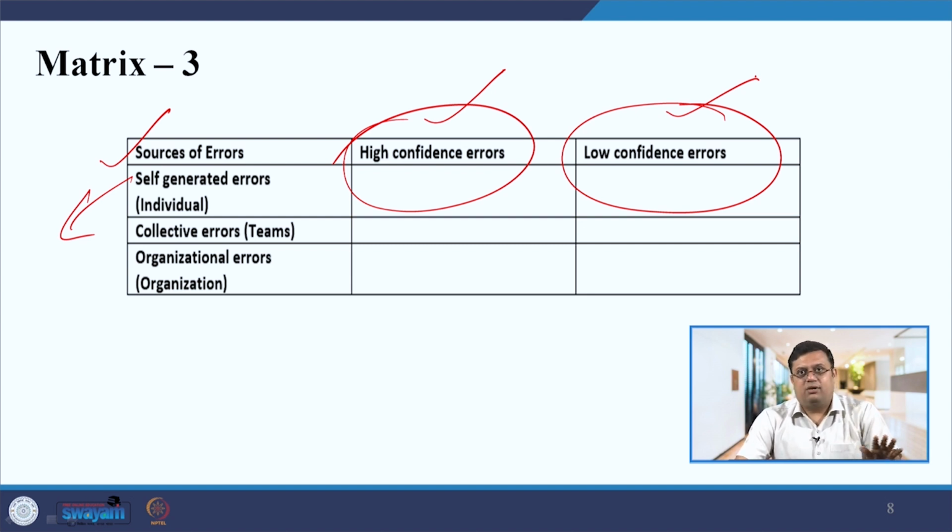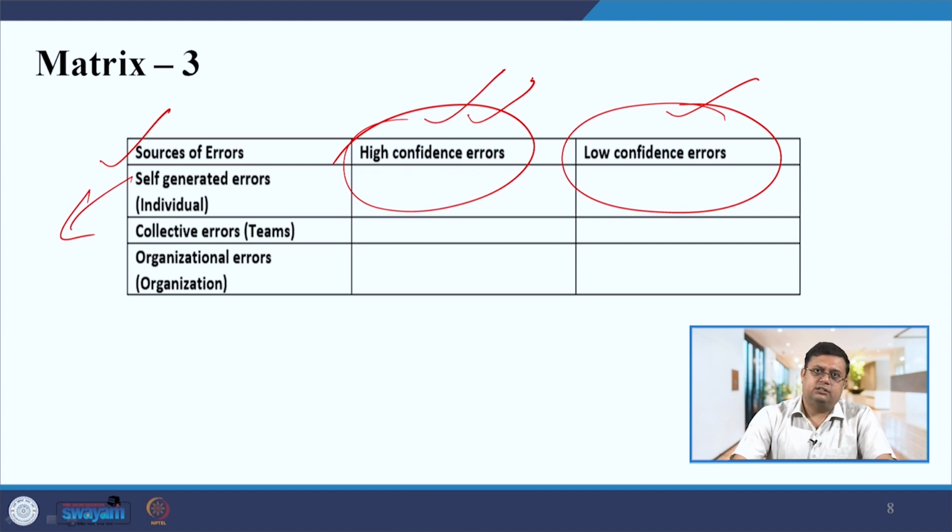In terms of achieving the goal, whatever strategy, whatever action he has taken, according to him those actions are the best, and there is no other alternative. If such kinds of errors are there, they are known as high confidence errors. But in the case of low confidence error, what happens? Employees are not sure about their actions.